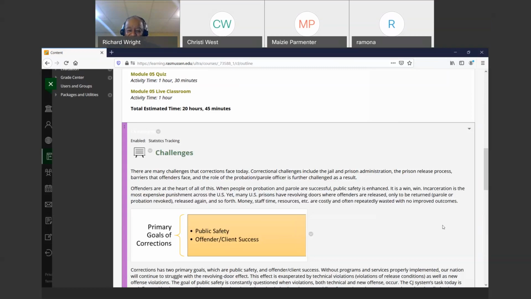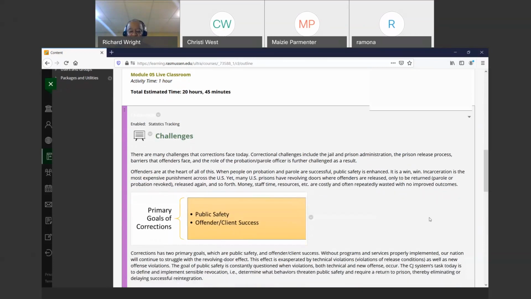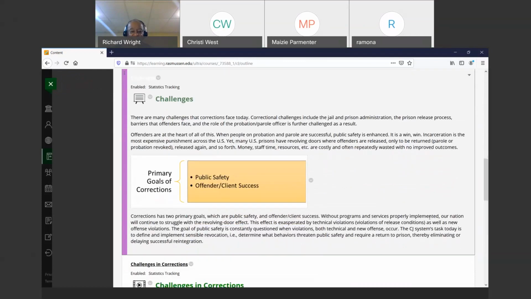Money, staff time, and resources are costly and often repeated and wasted with no improved outcomes. But that's because they're not effective, and you need to get to correcting whatever the problem is. So, as it says here in the final part of this, as we said, there are two primary goals.